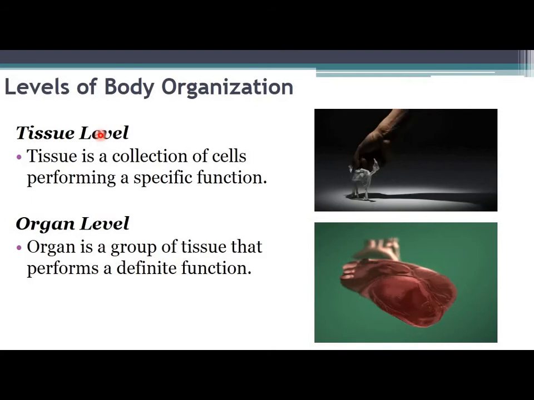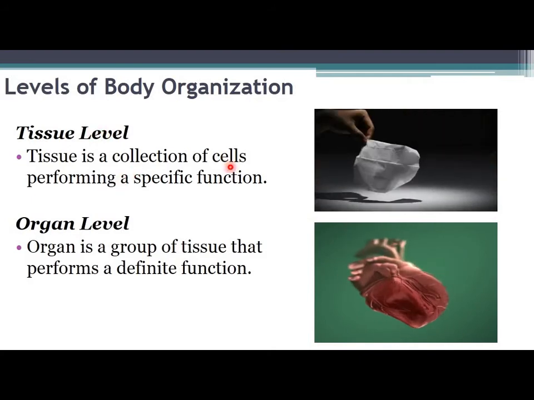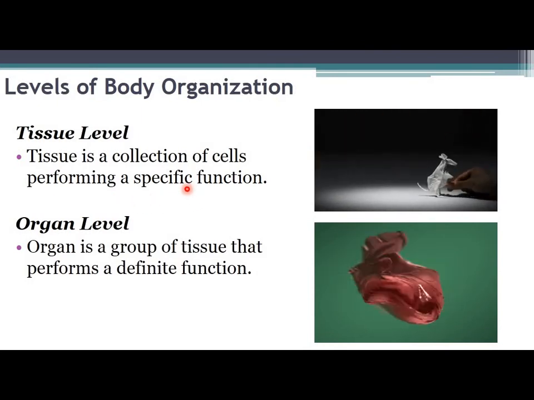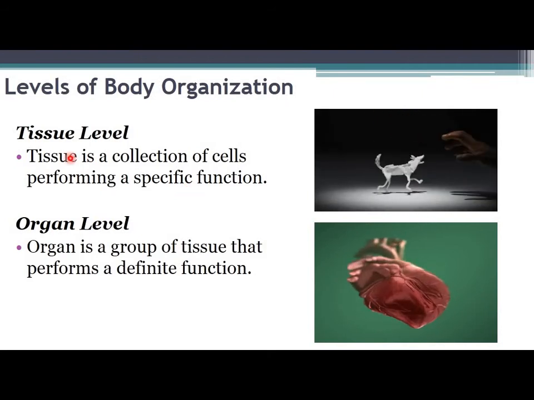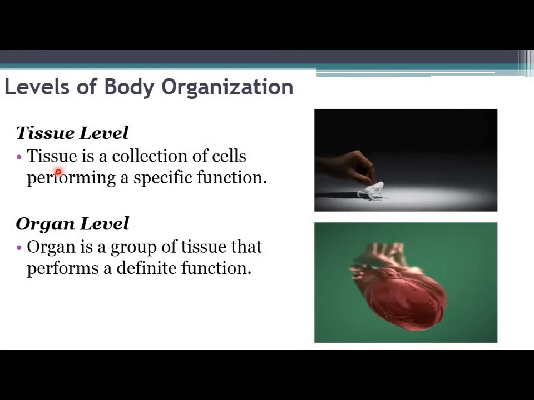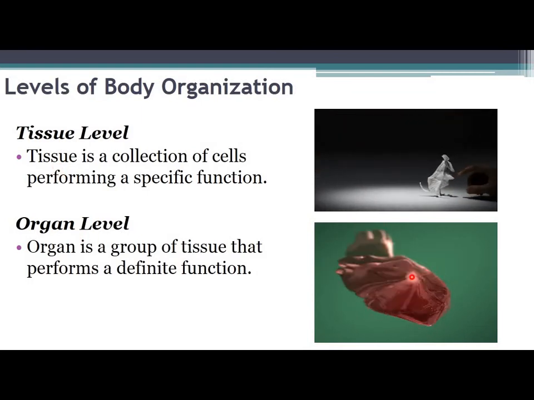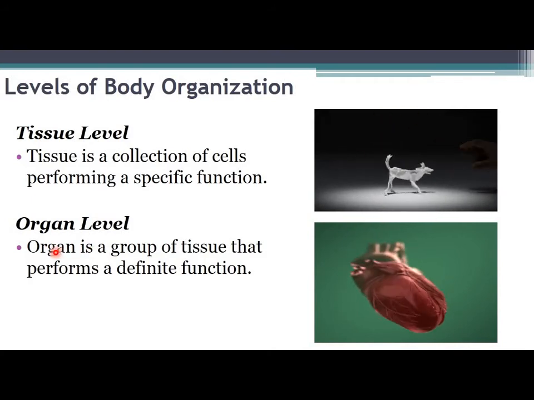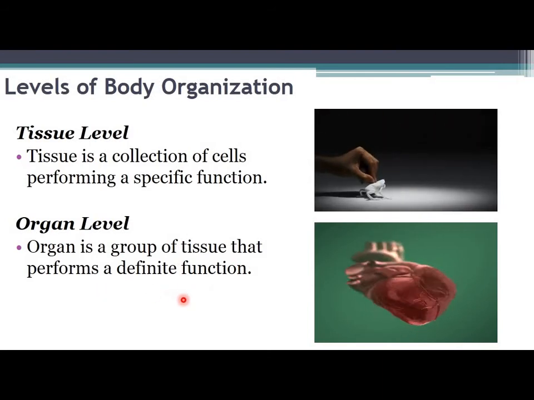So we have tissue. A tissue is a collection of cells performing a specific function. When cells come together, they form tissues. A group of tissues that perform the same function forms what we call organs. An organ is a group of tissues that perform a definite function.